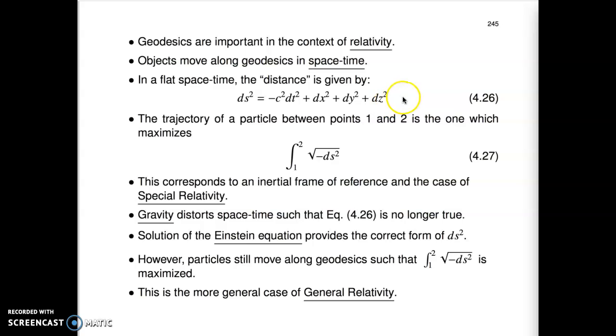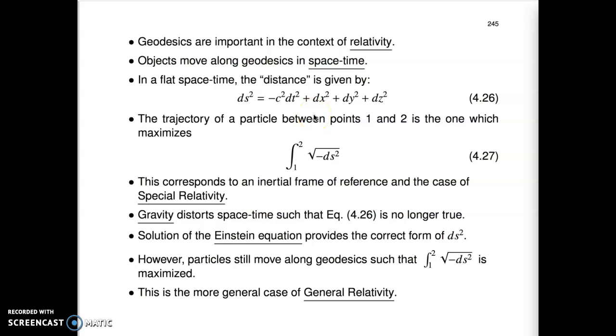So there's a quantity that connects 2 events. Remember from relativity, to specify an event, you specify the position, that would be x, y, and z, and time, so position and time.